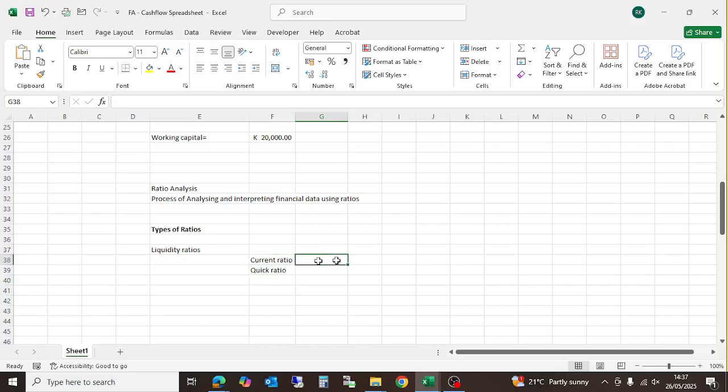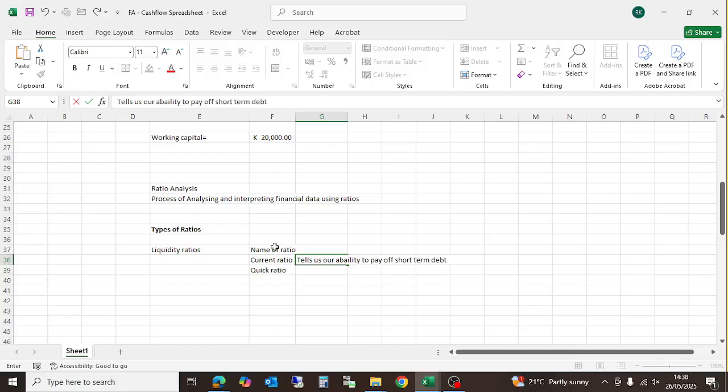So the current ratio tells us our ability to pay off short-term debts.